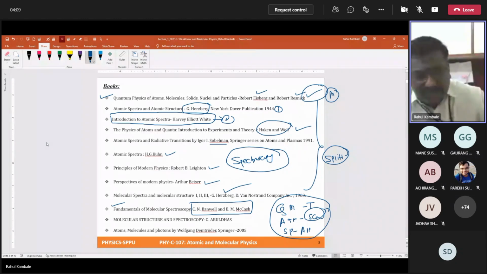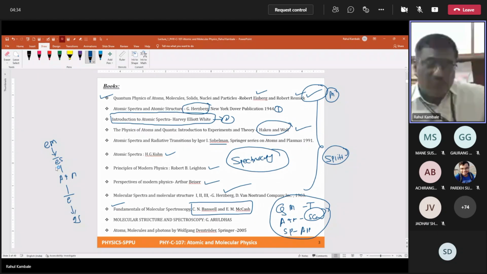I will modify it a little bit. Spectroscopy is nothing but the interaction of an electromagnetic radiation with the electrons of an atom and molecule when those electrons are in the ground state.